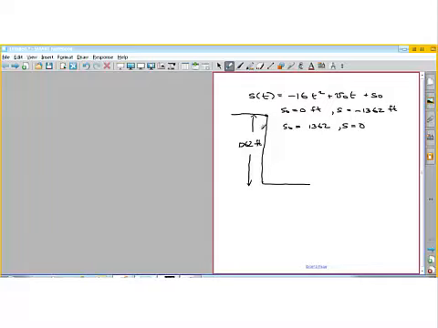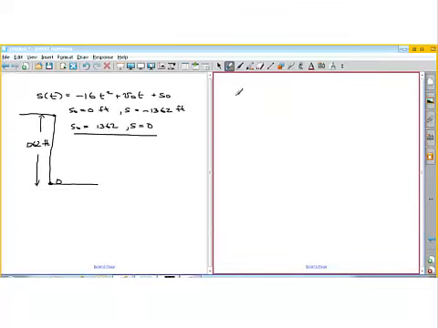So let's choose it here. We're going to do the second one. Now, what's the initial velocity? Because it's being dropped, and drop means you just let go, that means v0 equals 0 feet per second.